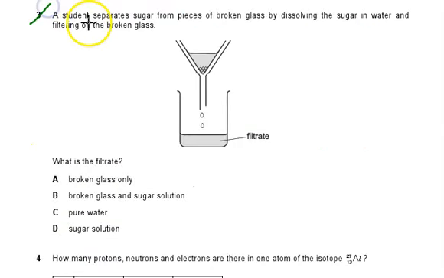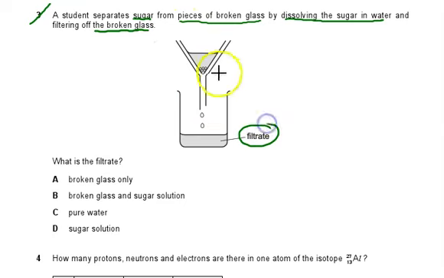Number 3. A student separates sugar from pieces of broken glass by dissolving the sugar in water and filtering off the broken glass. Here's the filtrate and here's the residue. What is the filtrate?